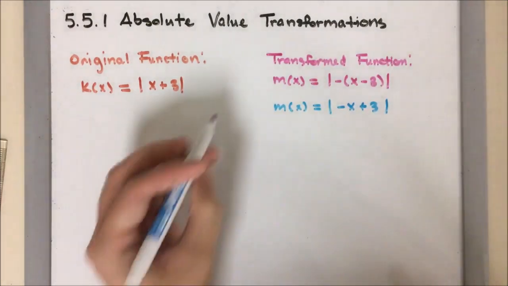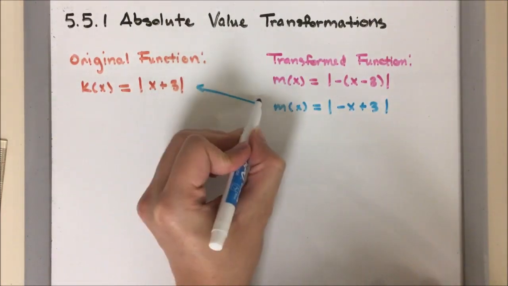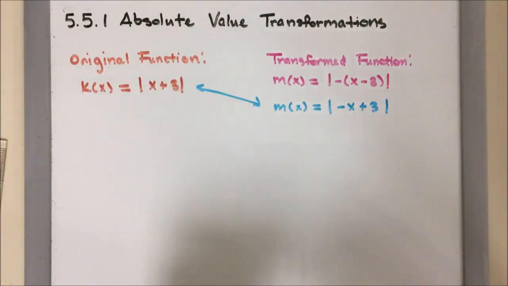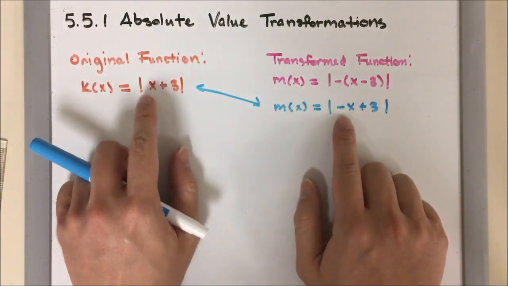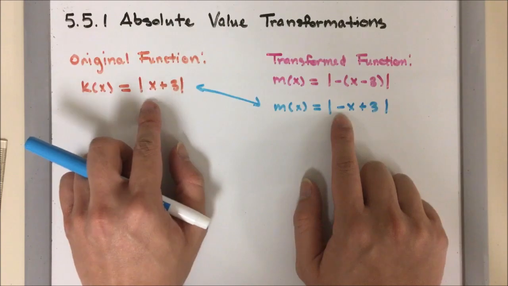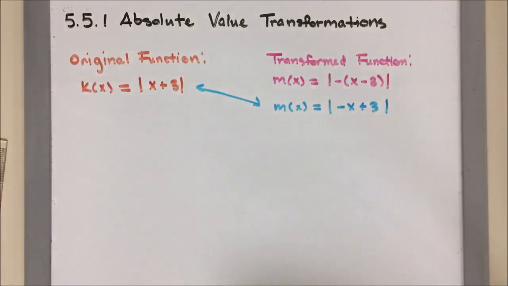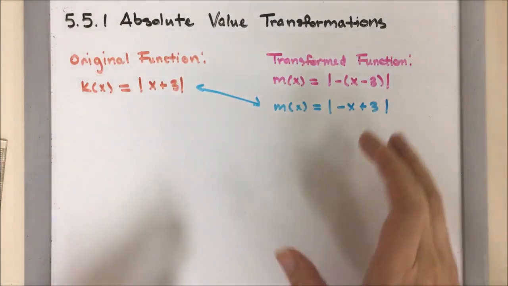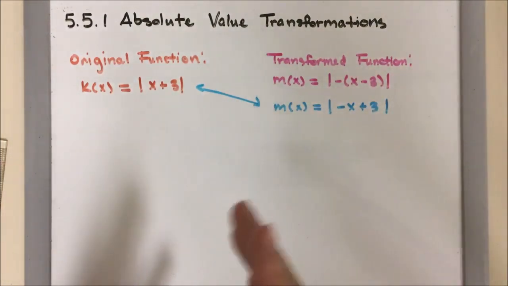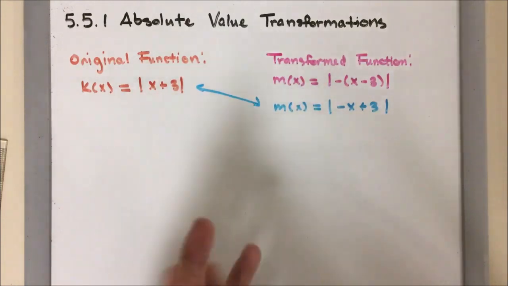Now, if you compare these two functions, they are almost identical. The only difference is that m of x has a negative in front of x, while k of x does not. Again, here's the importance of having the parentheses, so that you can identify the correct transformation.